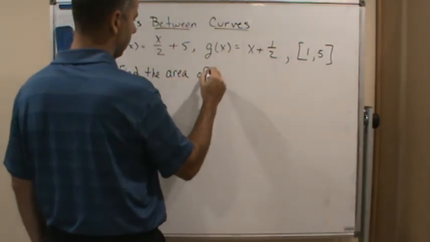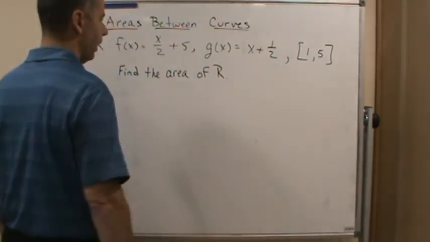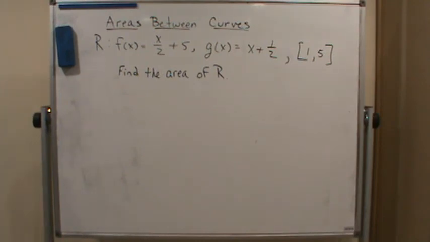Now, what I would do is make sure you know which function is the top function, so what function bounds it on top and which function bounds the region on the bottom. You can use your graphing calculator to do that, but again, you've got to make sure which one you're subtracting from what. Okay, that's it.